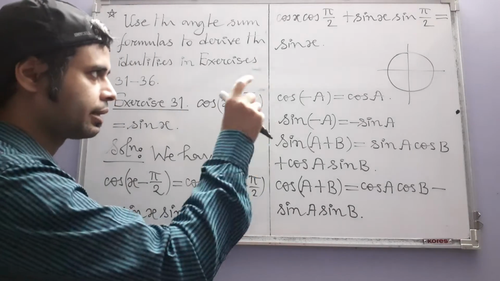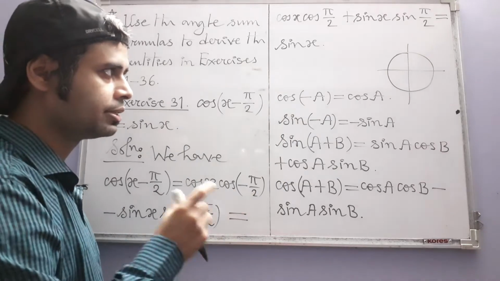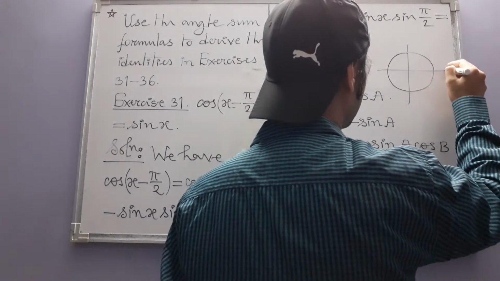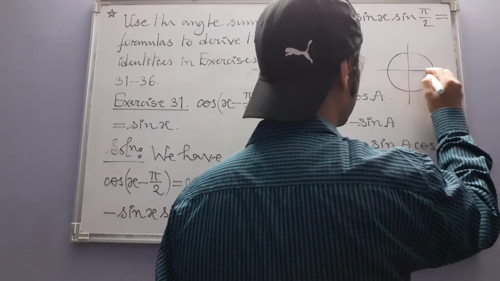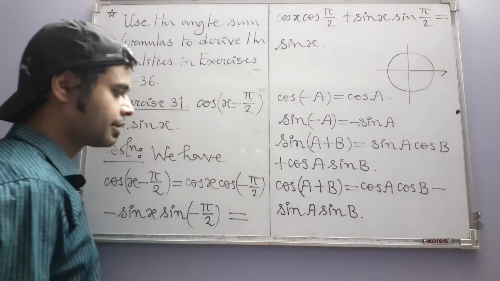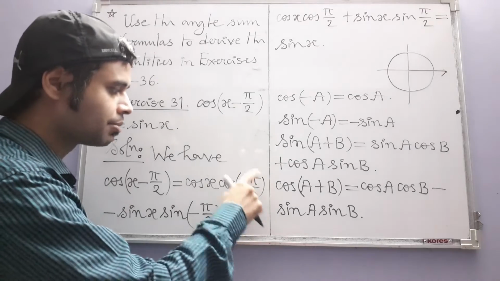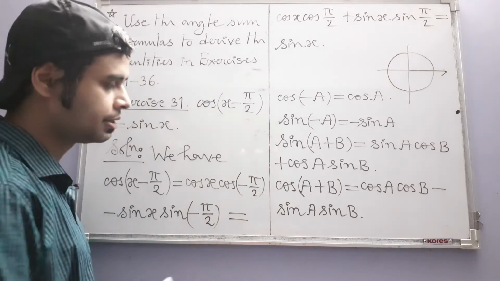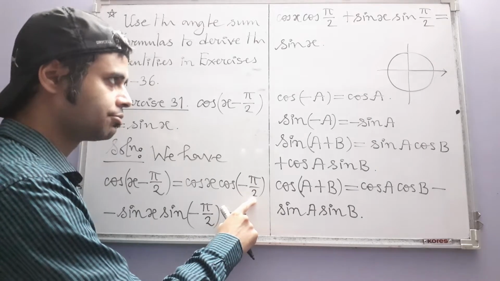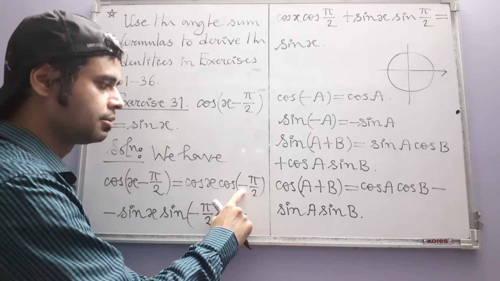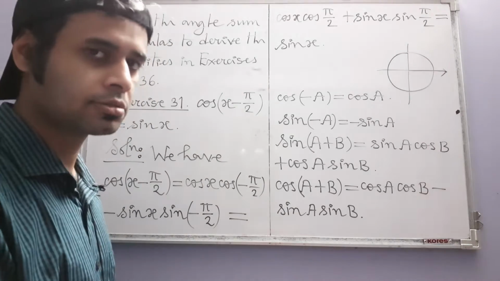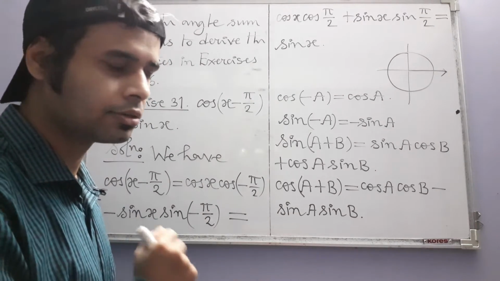When you put an angle in the coordinate plane in standard position, its initial ray coincides with the positive x-axis, and the final ray of course will be determined by the sign as well as the magnitude of the angle. The magnitude here is pi over 2, but the sign is negative, so that means this amounts to clockwise rotation through an angle pi over 2.